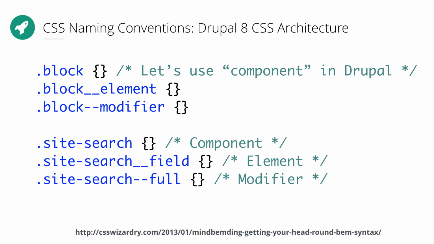So just from the naming convention there, you can kind of understand that whatever's got that class on it is kind of like a child piece of the site search component itself. And then double hyphen means modifier. So site search _full means it's kind of like a variation of the default site search component. So full might be like, it's got an expanded display view with some, I don't know, optional filters or something like that you might add into that example.